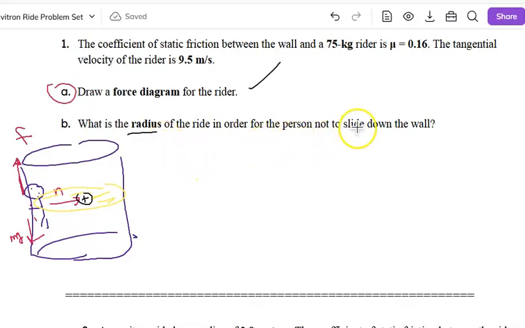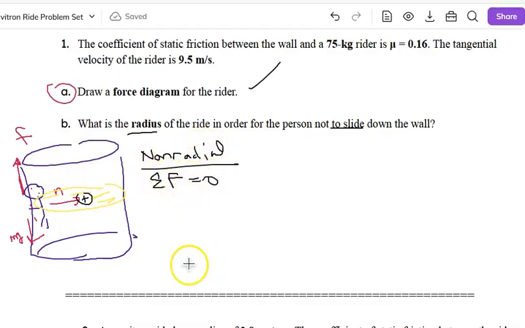B, what is the radius in order for them to not slide? Okay, not sliding means in the non-radial column, the forces are balanced. So usually it's normal balancing the weight, and it's a boring problem. Right here, the nooks and crannies are catching.